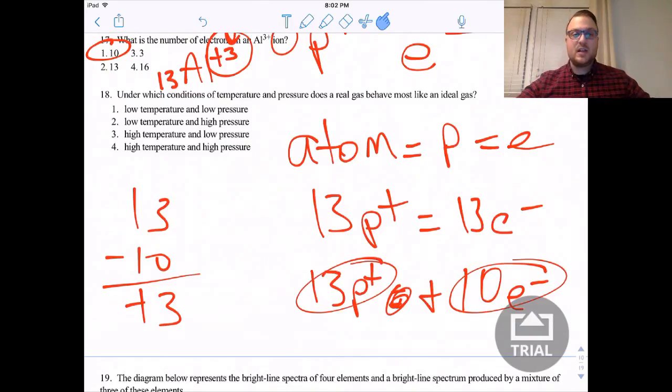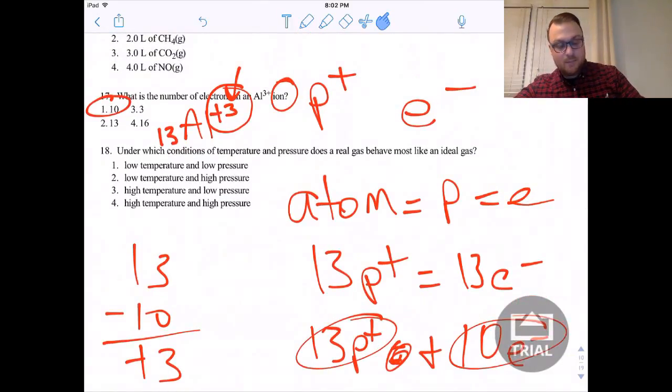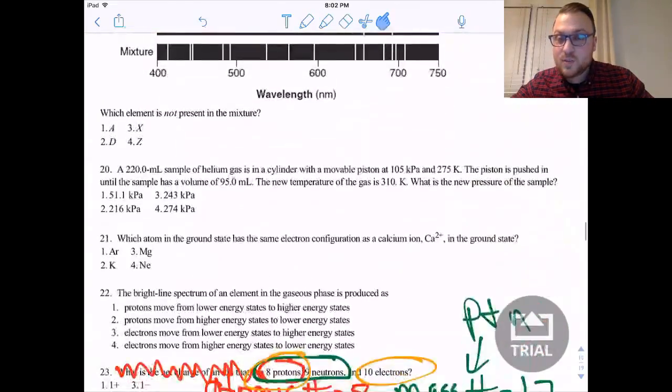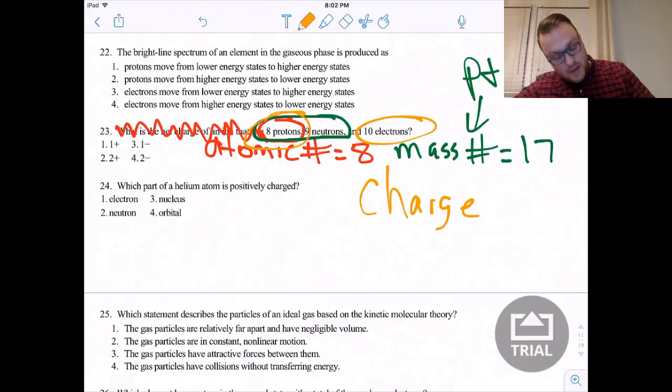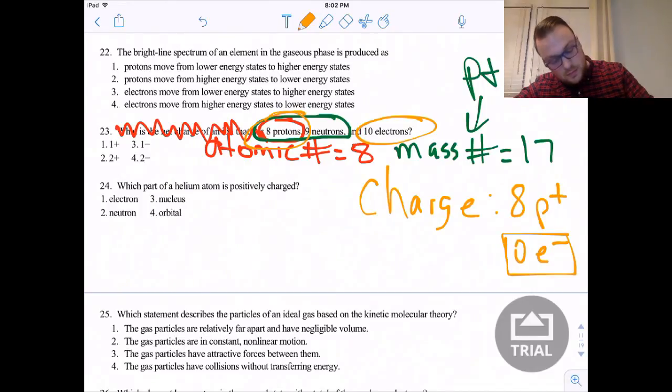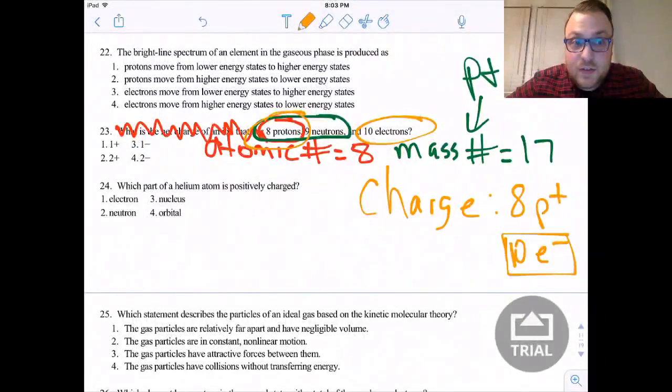Here, we have more electrons than protons. So if I have 8 positives and 10 negatives, I have 2 more negatives than I do positives. 2 more negatives, 2 more negatives.